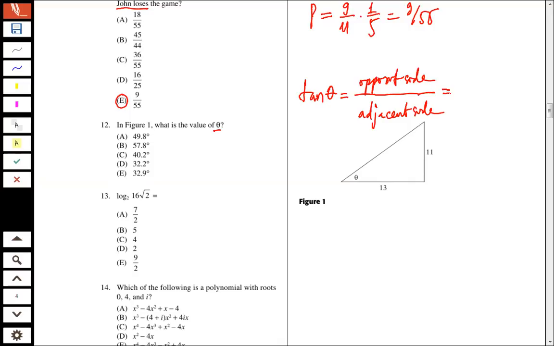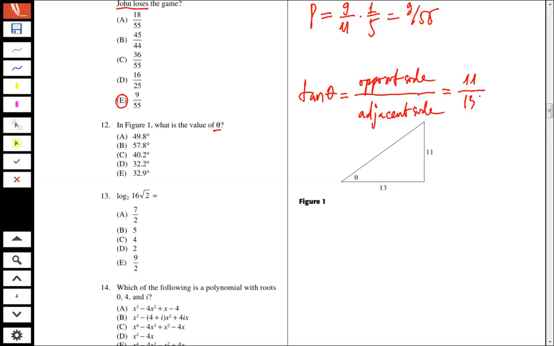Here in the figure, we can see that the side with the length 11 is the opposite side. So we write 11 here, and of course the adjacent side is 13.